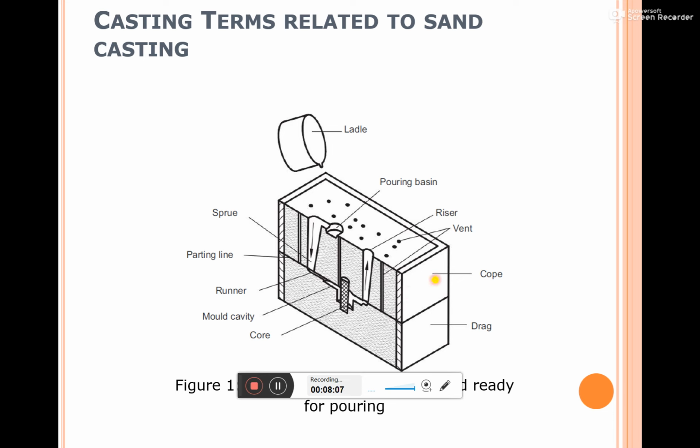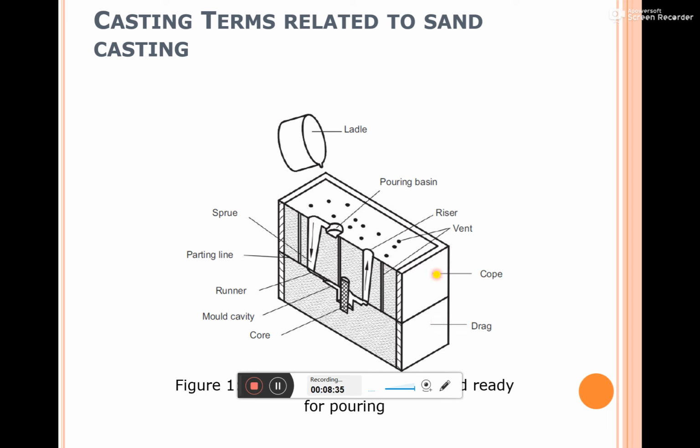This cope is one box that is made up of wood or other different metals, and they are used to enclose the sand. These mold boxes are made up of wood, or otherwise of other different metals.